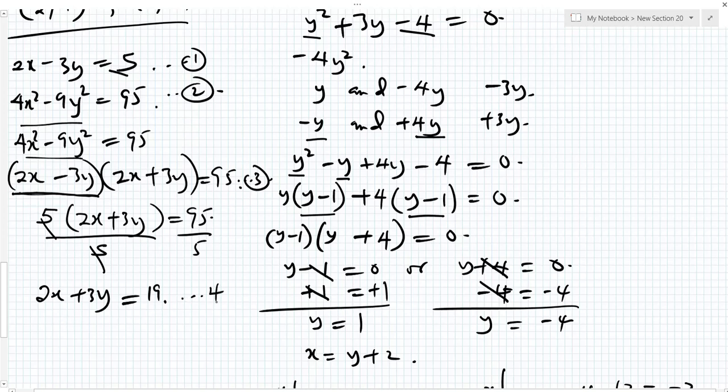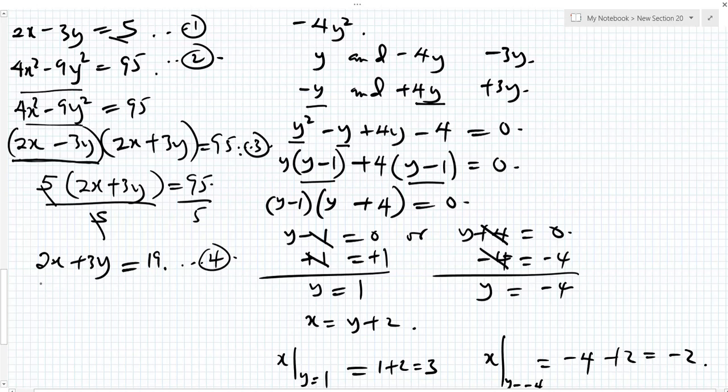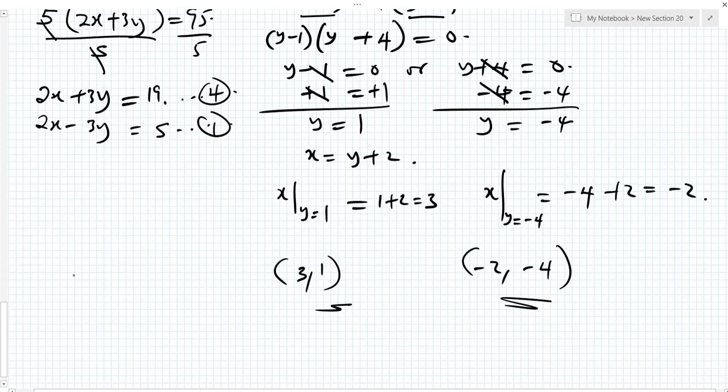This should be equation 4. Now we can bring equation 4 and equation 1, 2x minus 3y equal to 5, together.